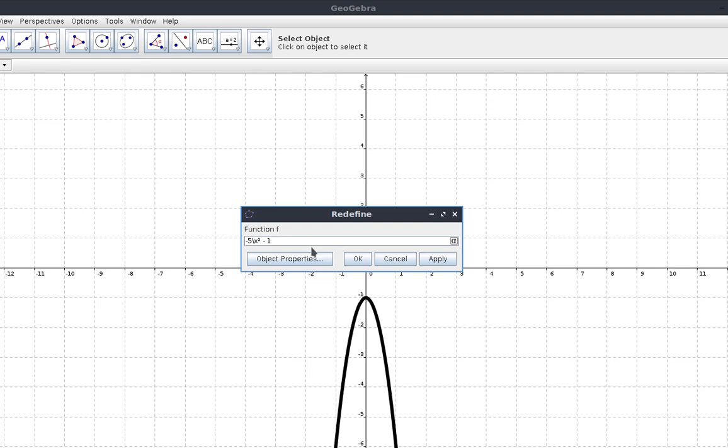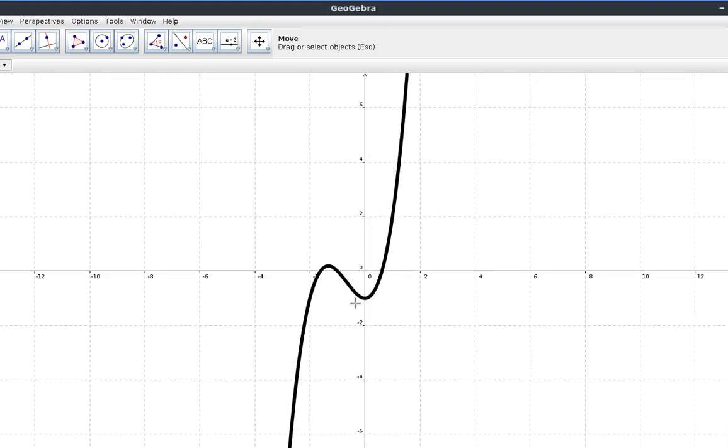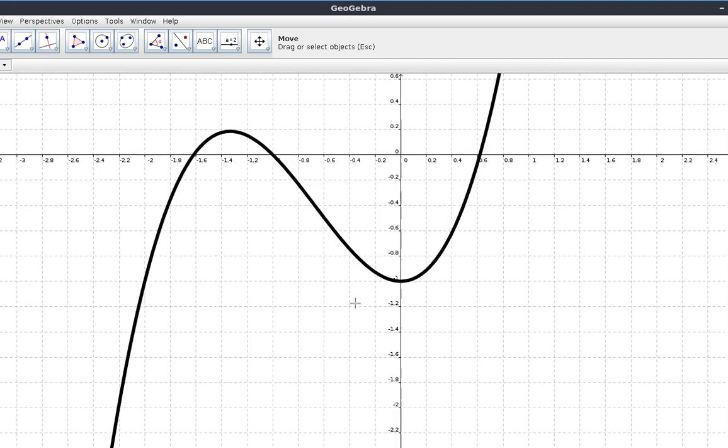Let's look back at turning this function into a cubic function. y equals x cubed plus 2x squared minus 1. There we have our cubic function. Let's zoom in on our function. Get a closer look at it.